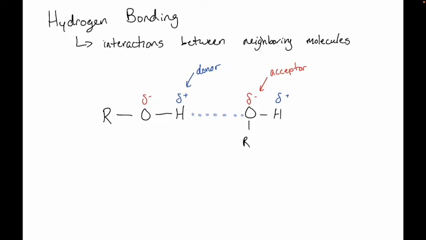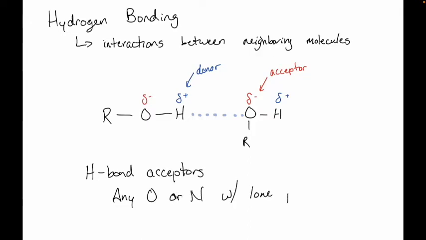And importantly, H bond acceptors can be any oxygen or nitrogen with lone pair electrons.